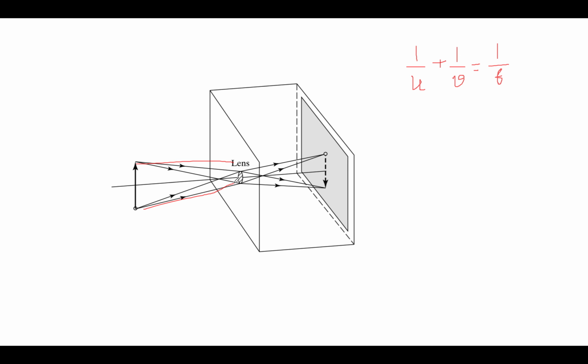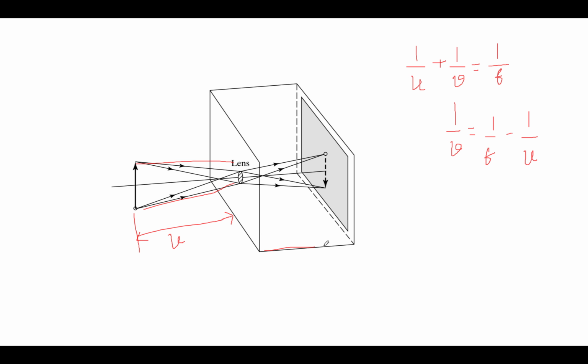But it becomes a little tricky with the lens, because now your object distance is fixed. In the case of a pinhole camera, there was no equation. There was no 1 over u plus 1 over v equal to 1 over f. So if I want the image to form on the film, then 1 over v should be such that it equals 1 over f, where f is the focal length, minus 1 over u, right?